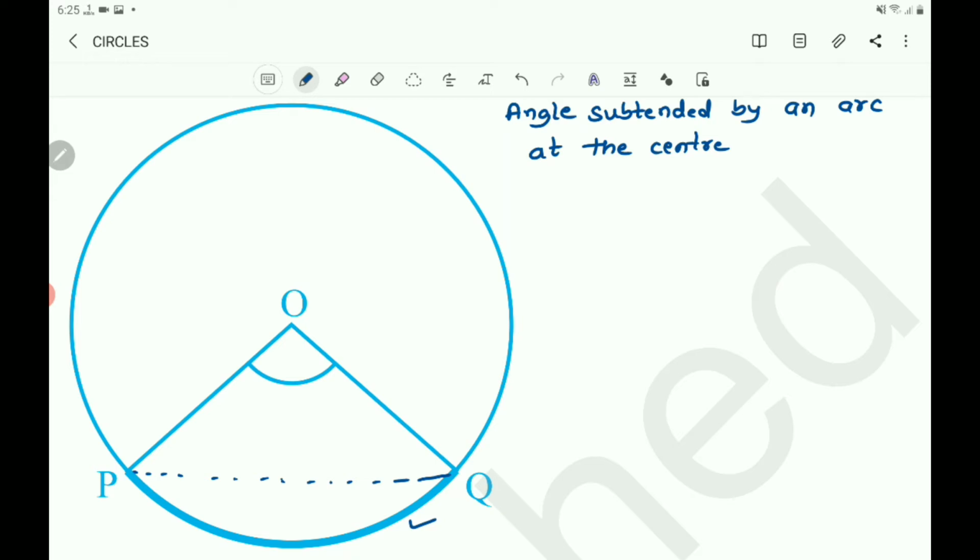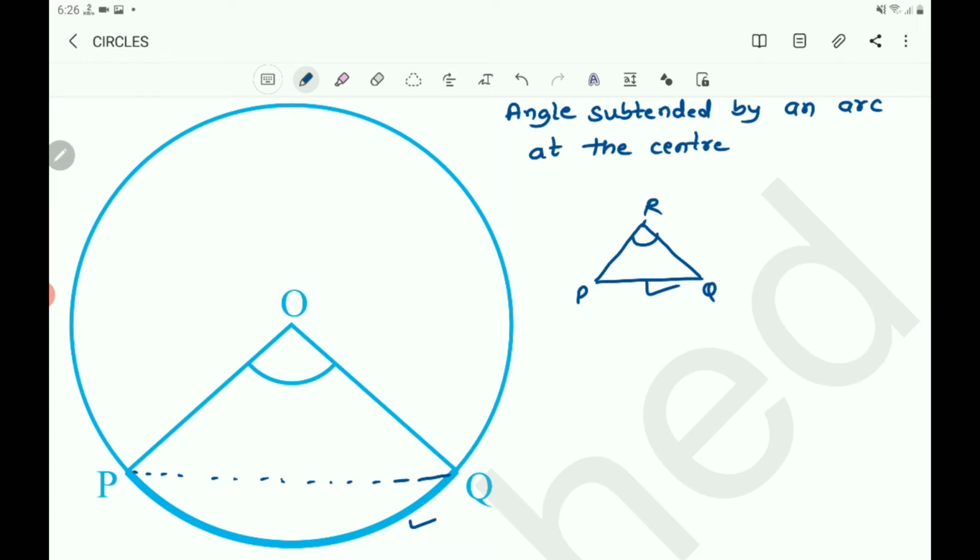Previously we have studied the angle made by a line segment at a point. If the angle is formed by the ends of the line segment at a point R, then angle PRQ is the angle subtended by the line segment PQ.